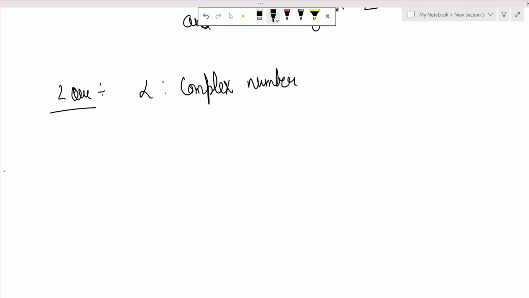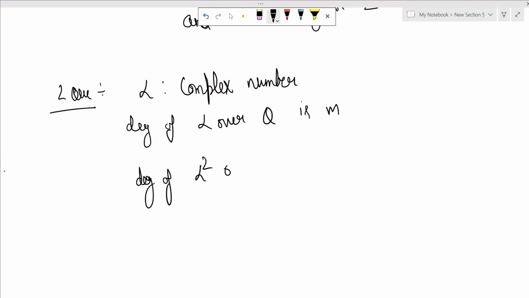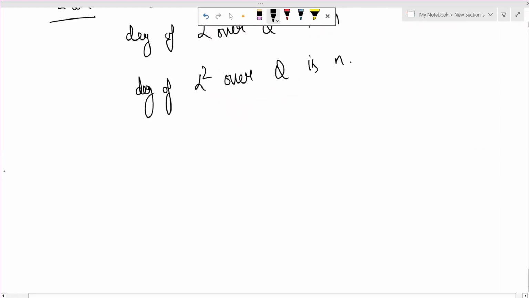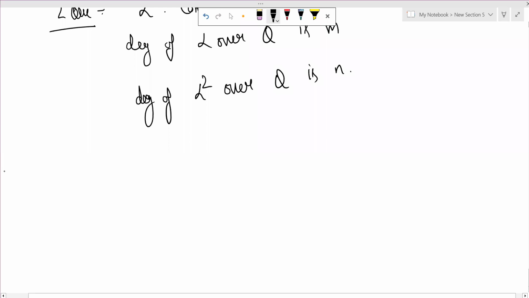Suppose the degree of alpha over the field of rational numbers Q is m, and the degree of alpha square over Q is n. So these are the four options.